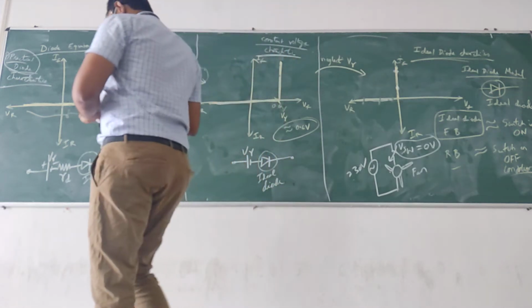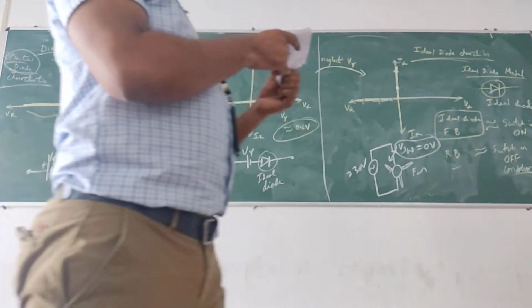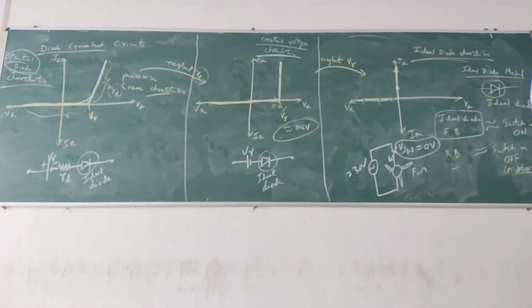So take down the problem. Calculate current through the circuit given below, if the diode forward resistance is 0.23 ohm.